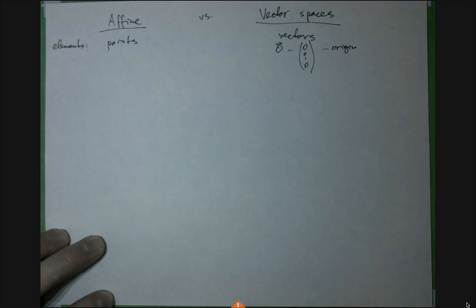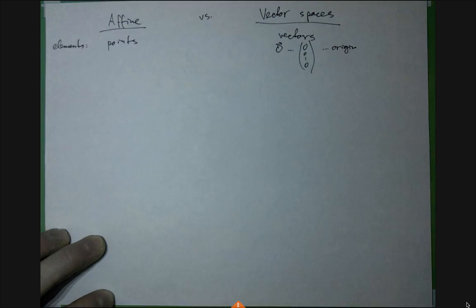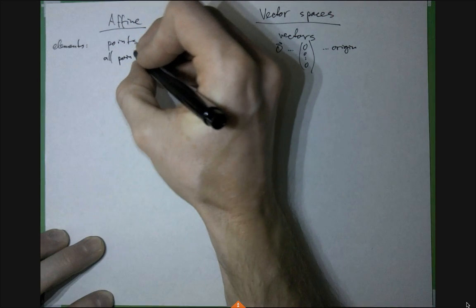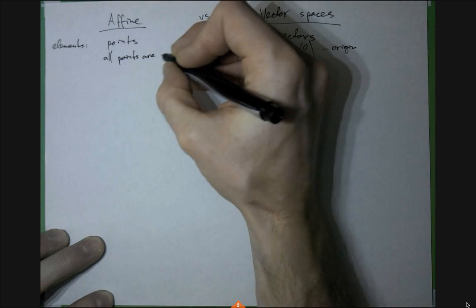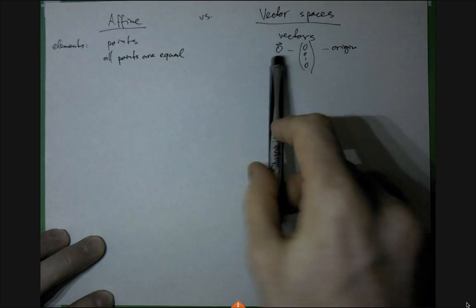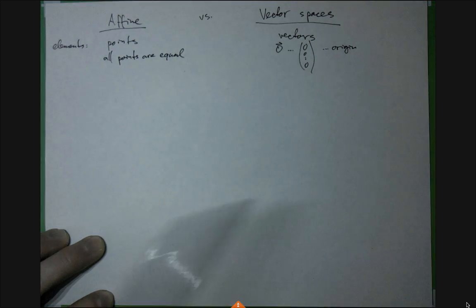That's what we discussed last time. And that's really the main idea, that's why affine spaces were invented. In affine spaces, all points are equal. There is no special point, no 0, which would have the special property that adding it to everything does nothing.